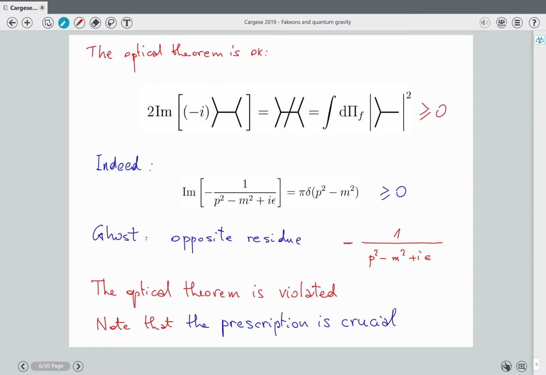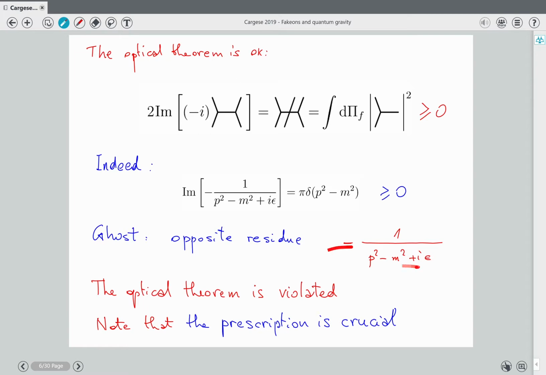However, what I want you to notice is that in this violation, the prescription is crucial, because you have a minus sign here, which violates unitarity, but the delta function comes from the plus i epsilon. So if you touch both, there is hope. You could change the sign here.